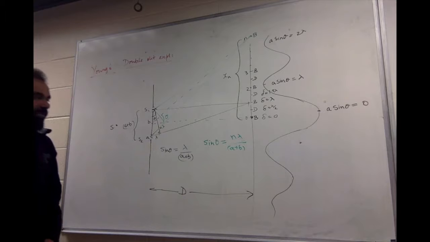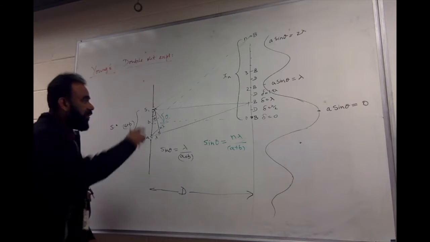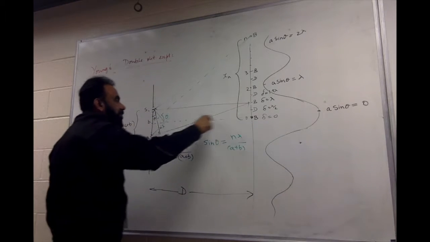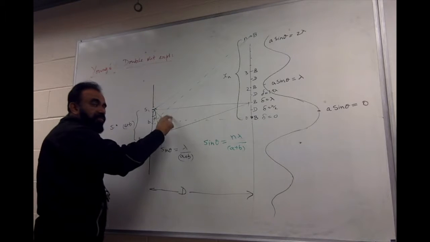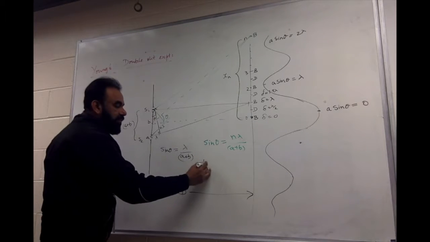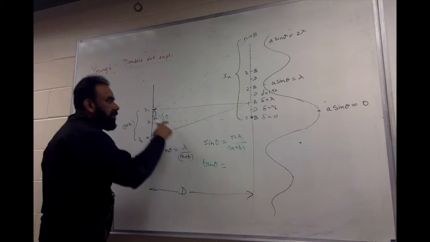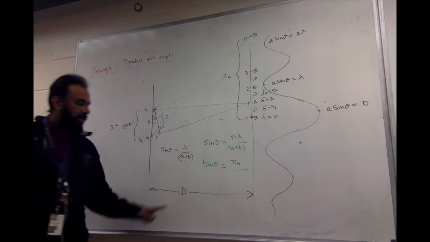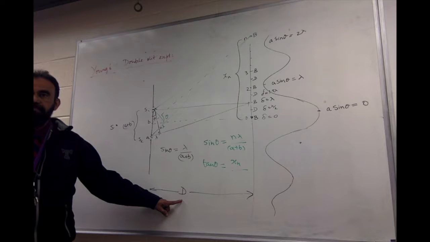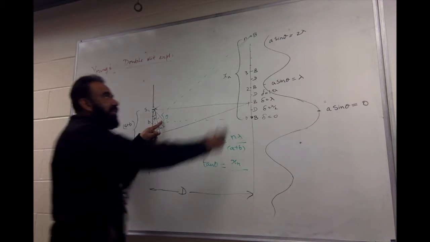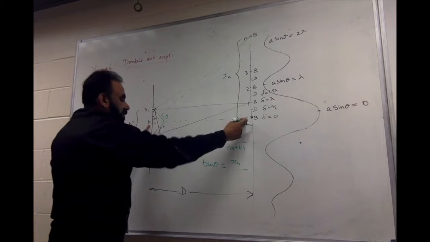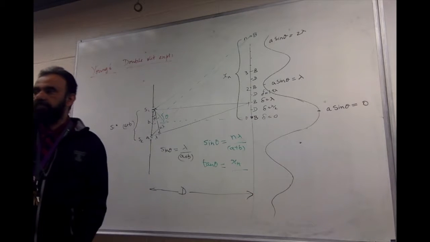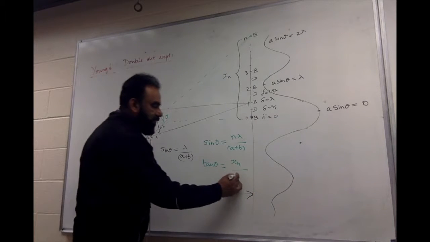Now look at this green triangle once again. Tan of this angle is xn divided by d. Tan of this angle is opposite over adjacent, d. So we have this.